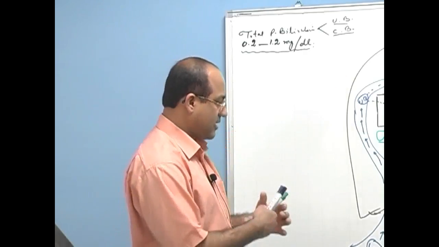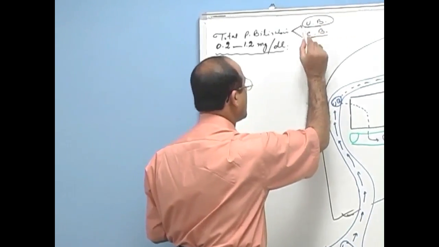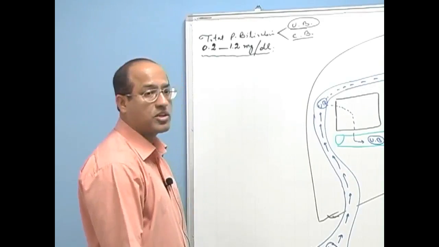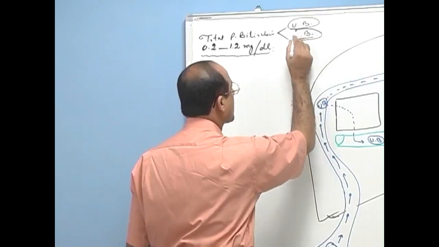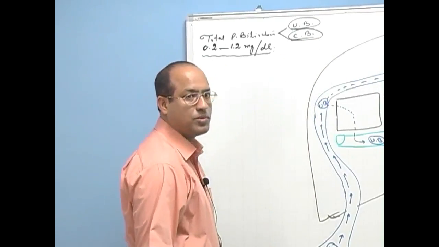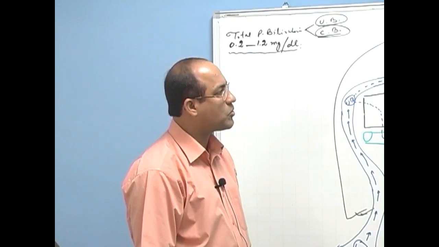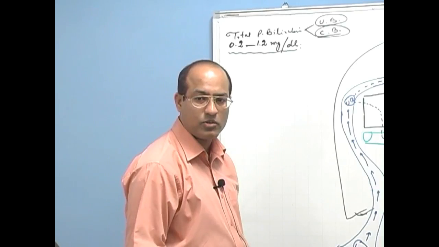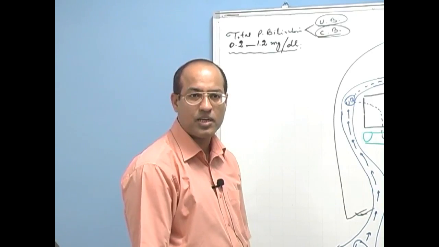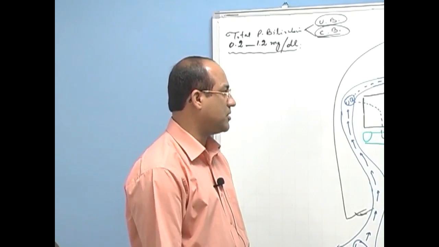So whenever you have a patient with jaundice, you have to think in terms of whether the patient has unconjugated or conjugated hyperbilirubinemia dominantly. Now, let's talk about why hyperbilirubinemia develops and what are the causes which lead to unconjugated hyperbilirubinemia and what are the causes which lead to conjugated hyperbilirubinemia.